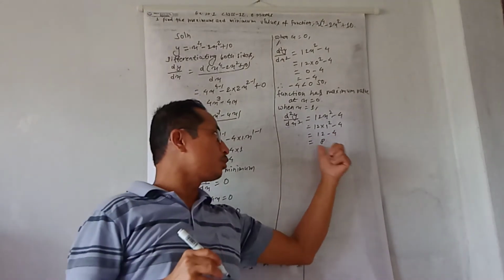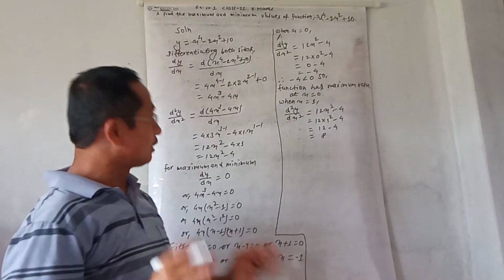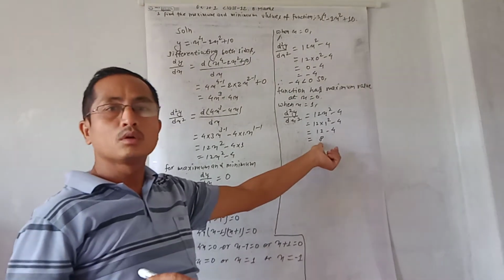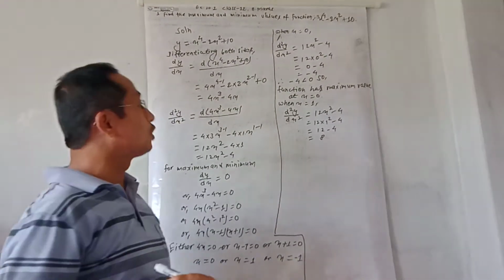When 4 is subtracted from 12, there will be 8. So of course it is plus 8, which means greater than 0.